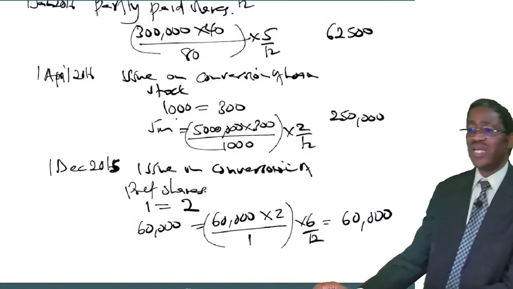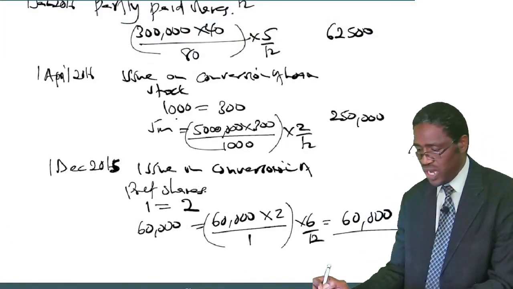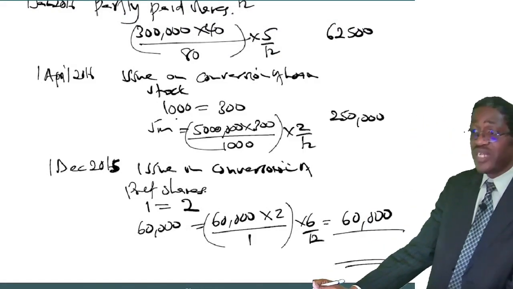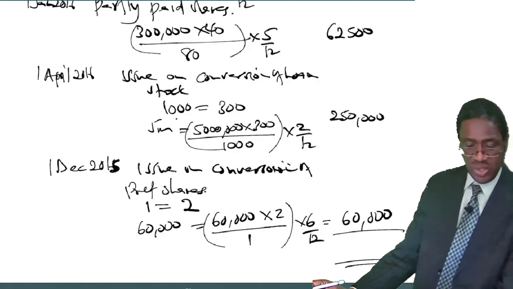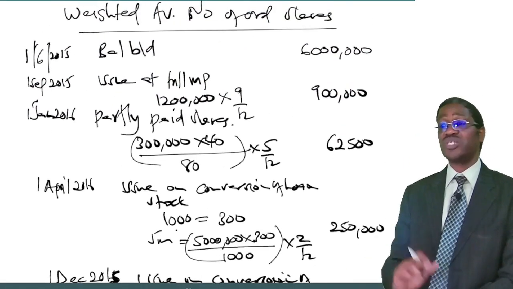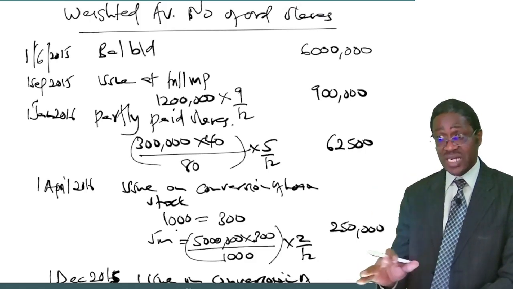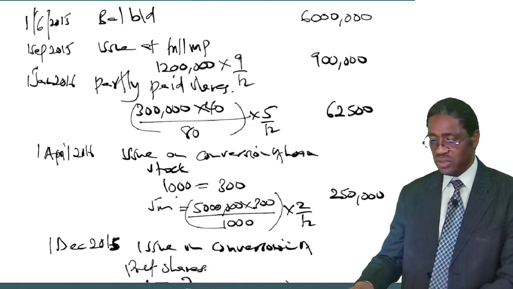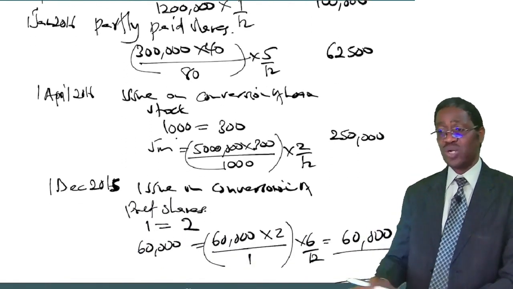So somebody now can add for us the total so that we call it the weighted average number of shares. Add from the top. We started with 6 million plus 900,000 plus 62,500 plus 250,000 plus the last one of 60,000.